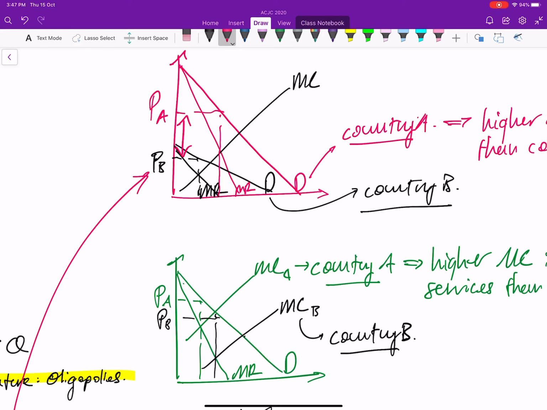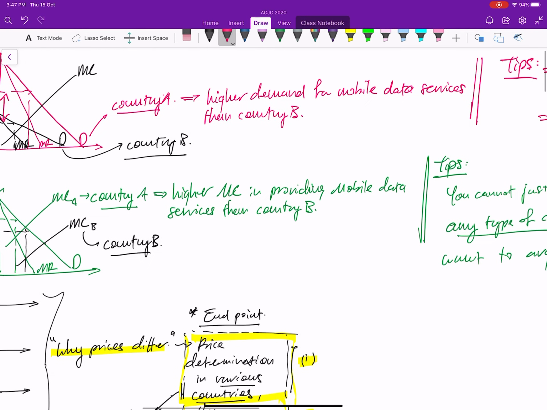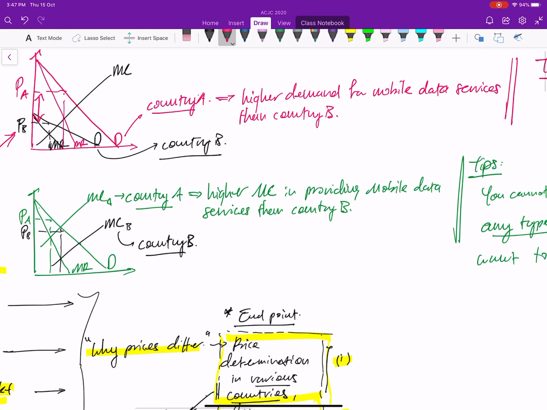So the demand curve that is drawn in pink is country A, and the demand curve that is drawn in black is country B. So country A has a higher demand for mobile data services than country B. And if that's the case, then the price for country A, as you can see from PA here, is higher than PB.